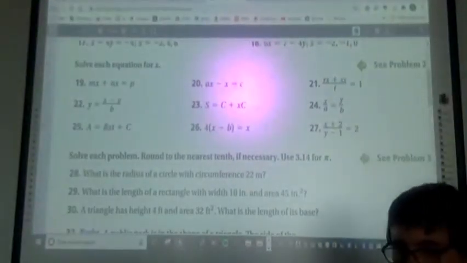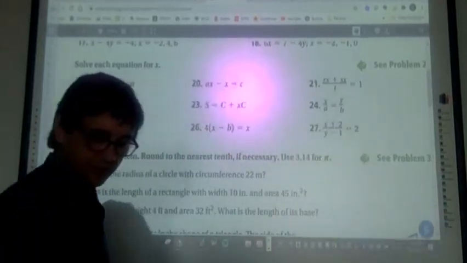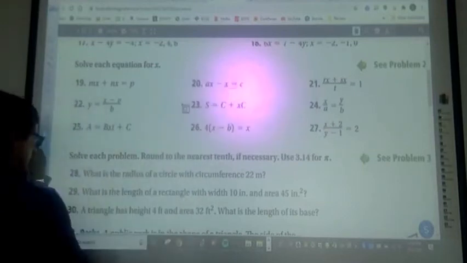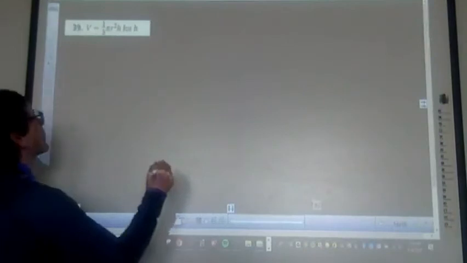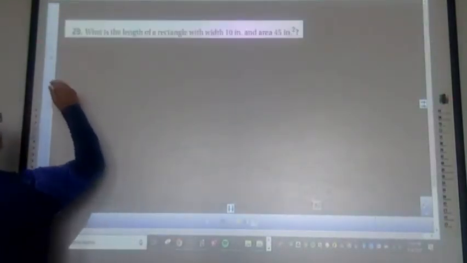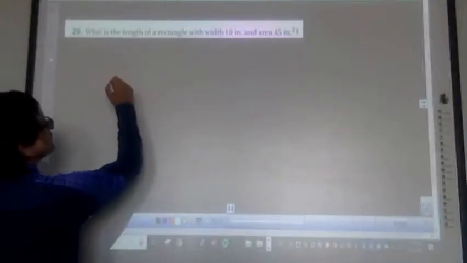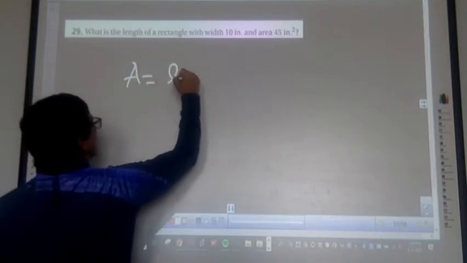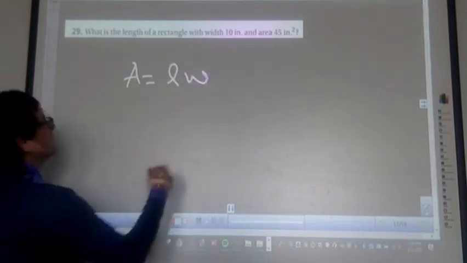For that one, would you just do like 45 divided by 10? Or? You want me to show you? Sure. Okay. It was 29. So length of a rectangle, width, so area equals length times width. That's a formula, and we'll just plug in.